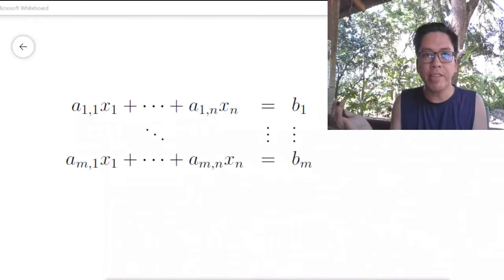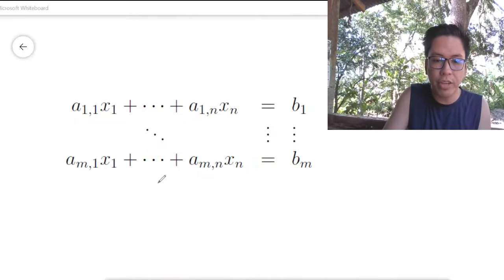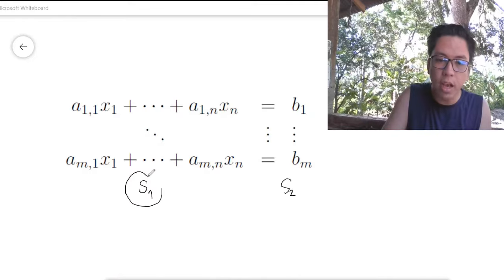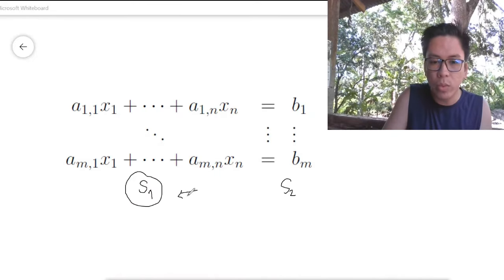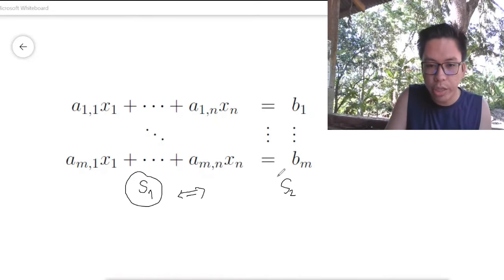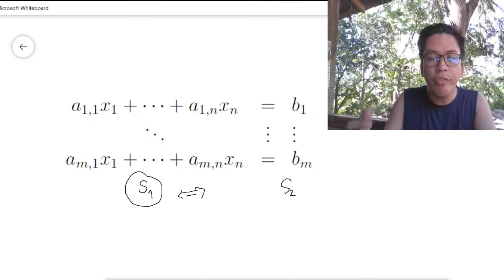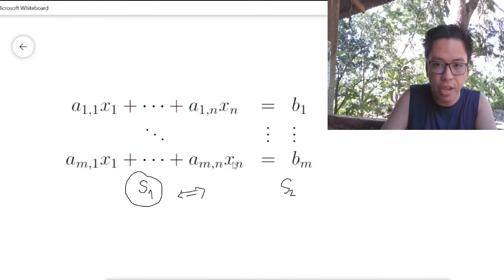Now, for a given system of equations, say you have a system S1 and another system S2. We can only say that S1 is equivalent to S2 if either one can be obtained from the other via the following operations.